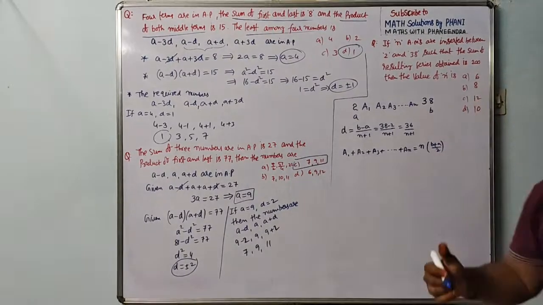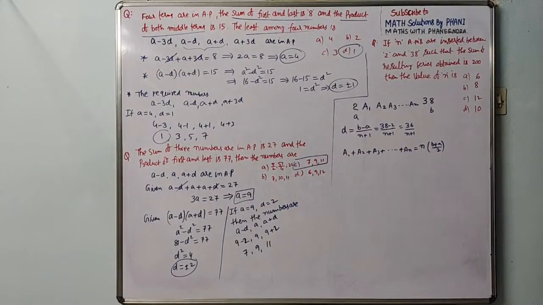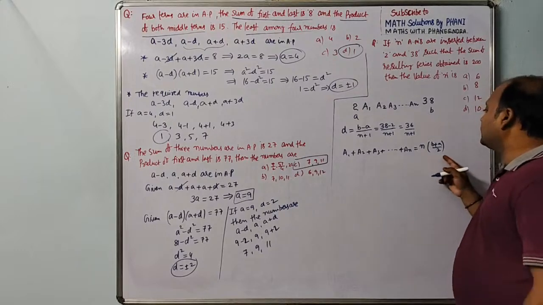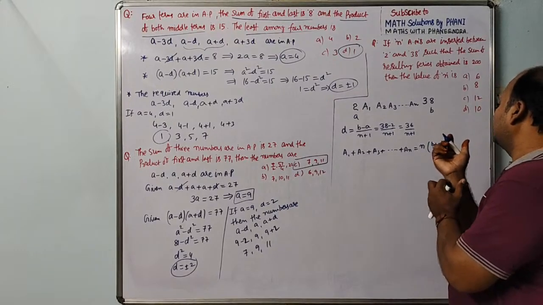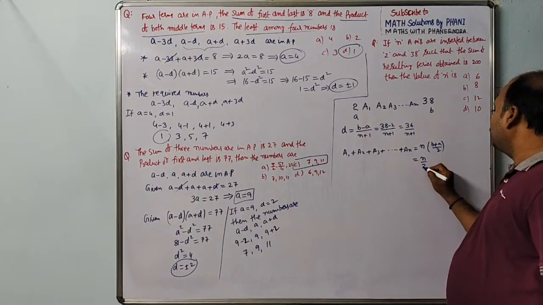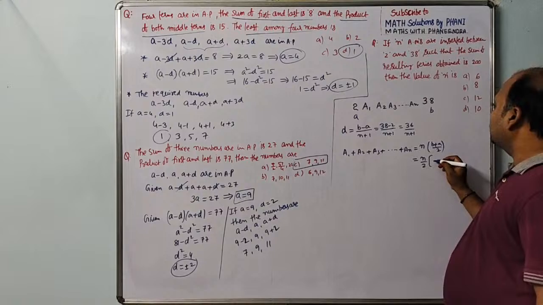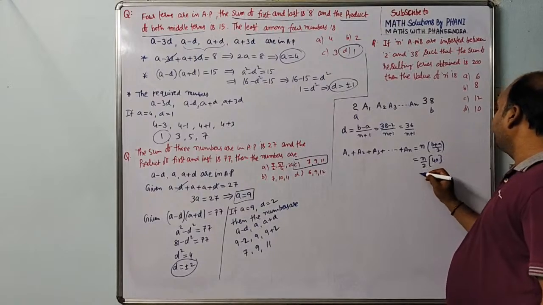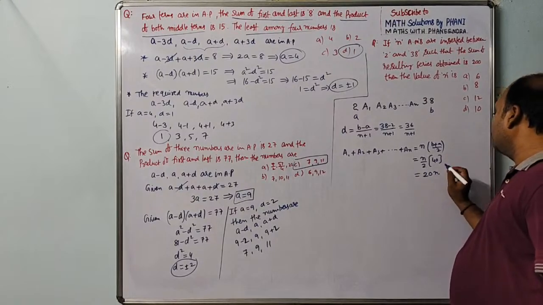We need to calculate n value now. So from this, we are going to observe that this is equal to n by 2. B plus A is what? 38 plus 2, 40. Okay. So it is equal to 20n.